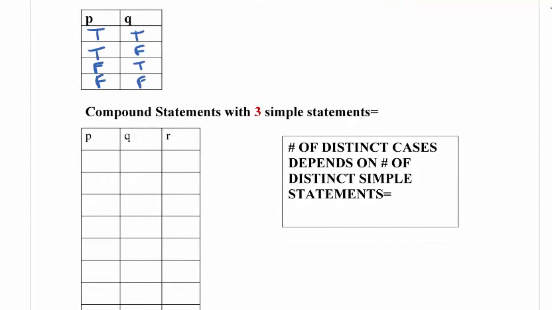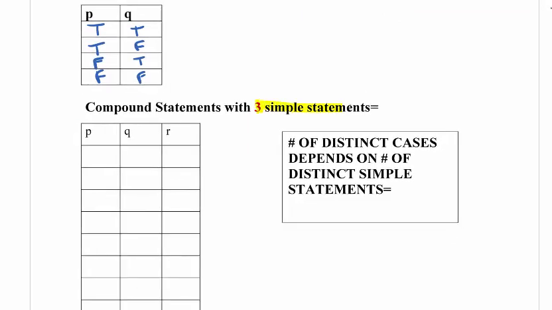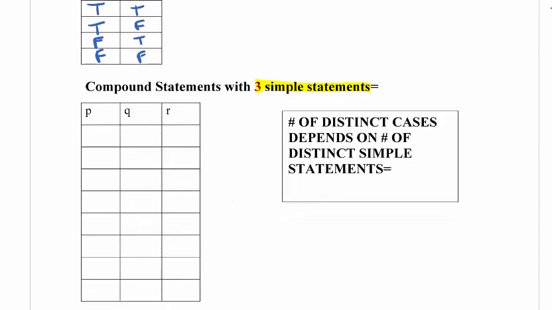Looking at 3 simple statements, which is the only other type we will see in this chapter. There are obviously more. So we're going to stay with similar patterns, but notice we're adding an extra column. We're going to start off with the pattern of 4 trues, 4 falses.